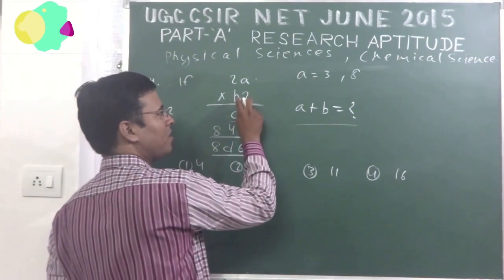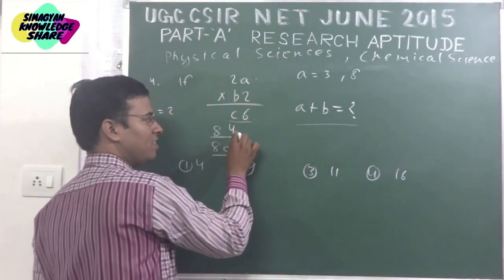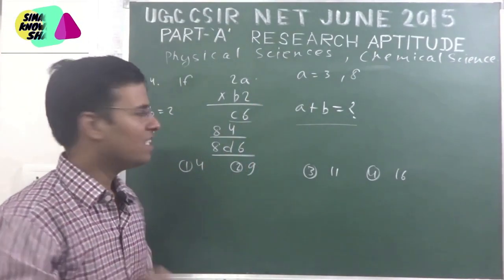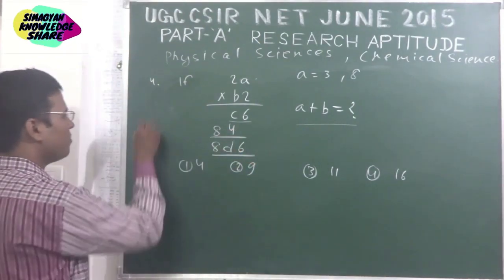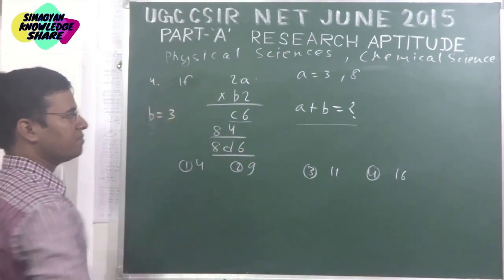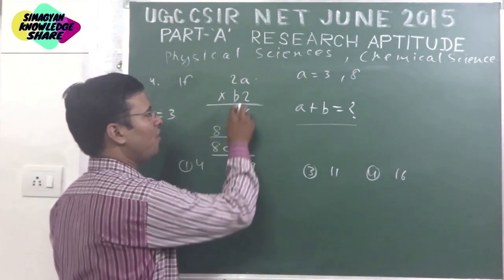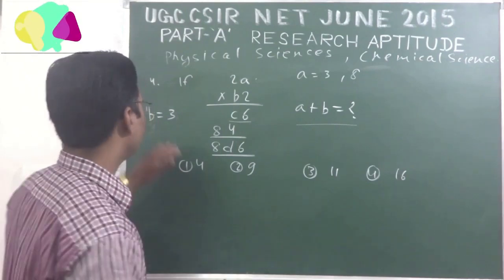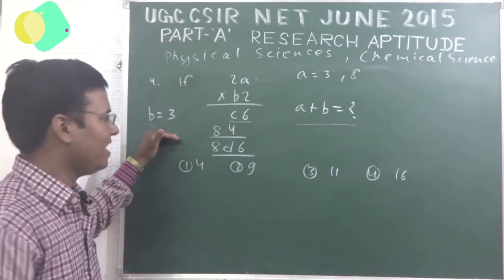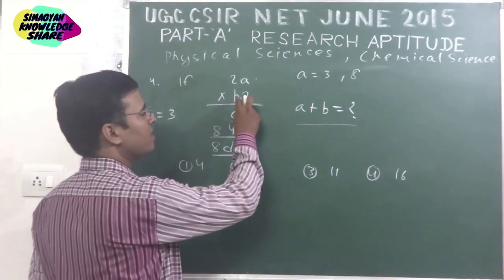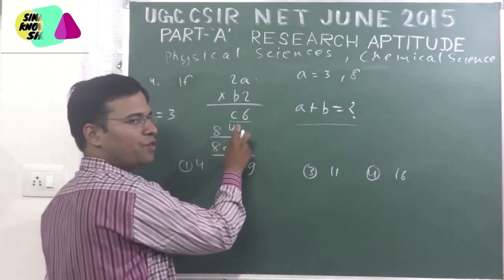When you multiply b with 8, you also cannot get the unit value 4 with b as 2. If you assume the value of b is 3, then you may get the unit value 4 only when a is 8. If a is 3, then 3 multiplied by 3 is 9.